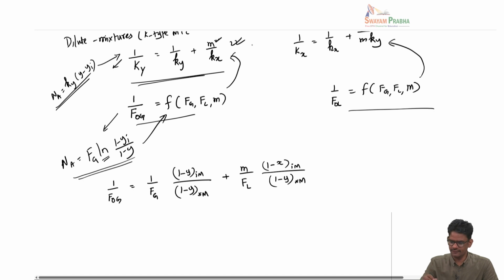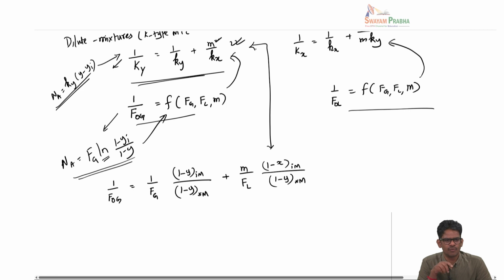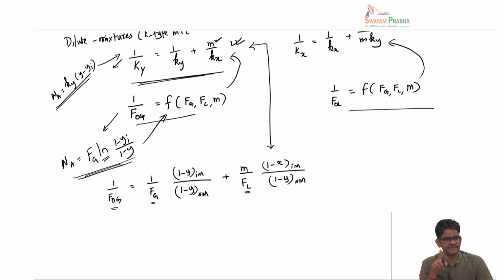You can compare these two expressions. For the dilute mixture, the overall coefficient can be simply written in this way, whereas for the concentrated mixture, where the mass transfer rate is expressed in terms of this logarithmic term, the expression for the overall F-type mass transfer coefficient involves the local coefficients, but also the concentration effects. So this is what I was saying, that the F-type coefficient will depend on the composition.